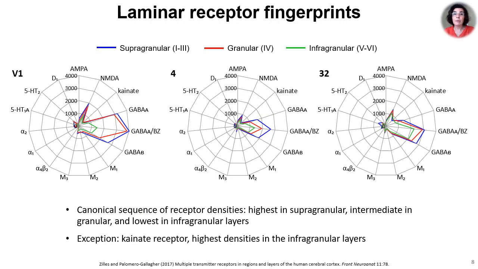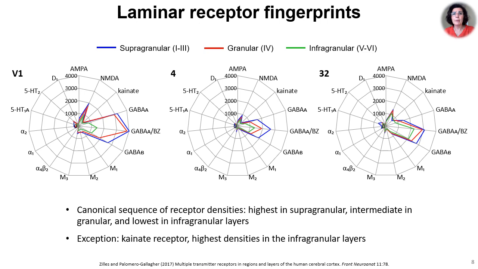Receptor autoradiography has the advantage of being fully quantifiable, and receptor fingerprints, that is, polar coordinate plots simultaneously depicting the densities of all examined receptor types in an architectonically identified area, reveal a canonical sequence of receptor densities.